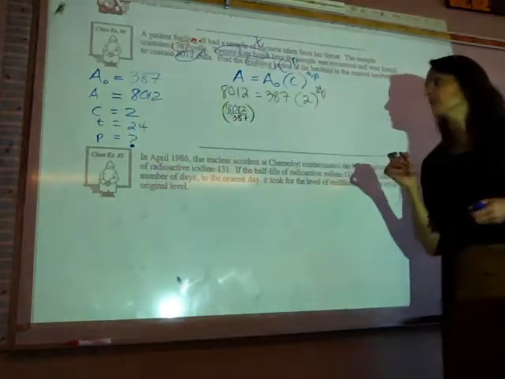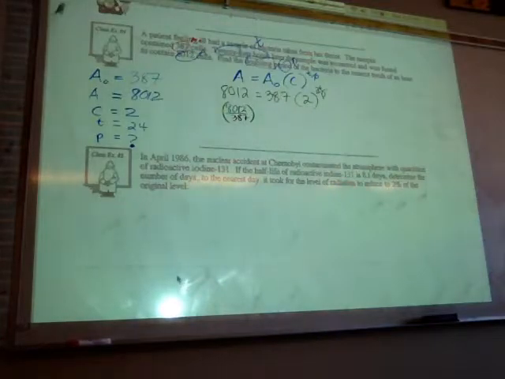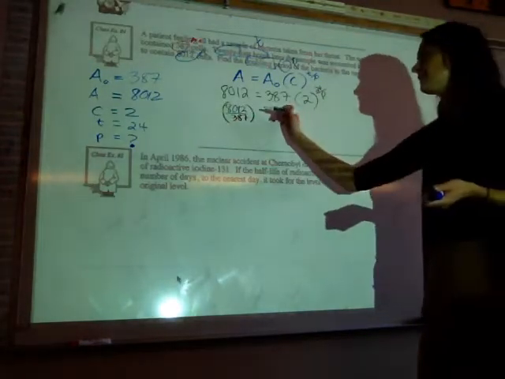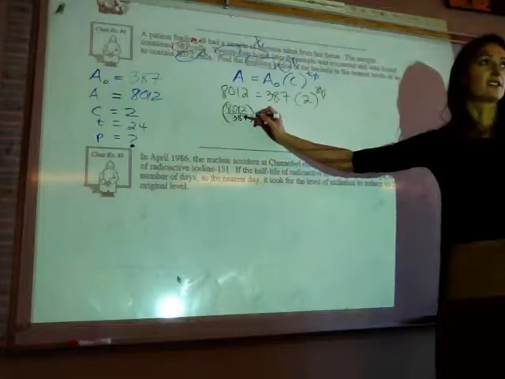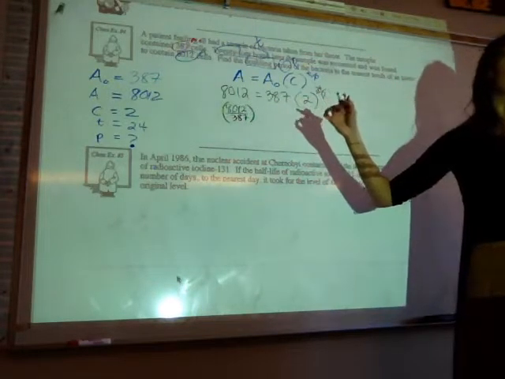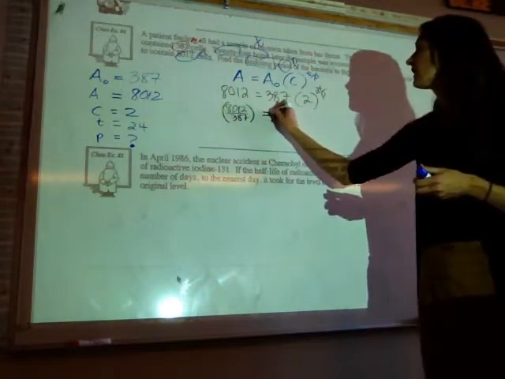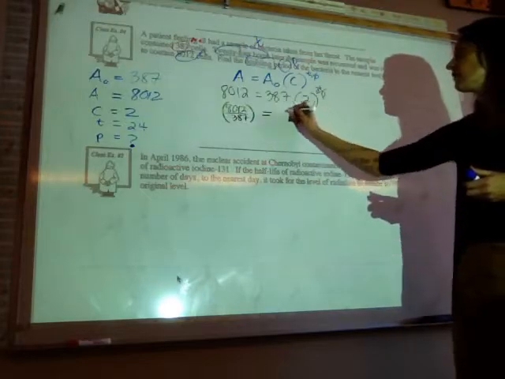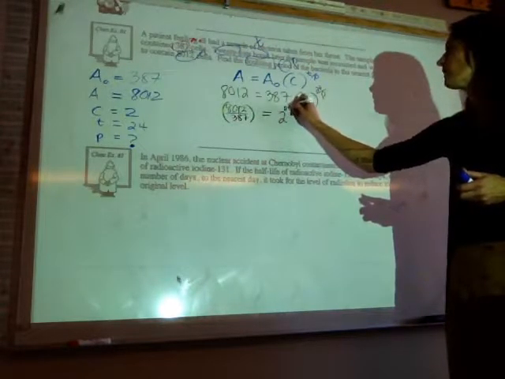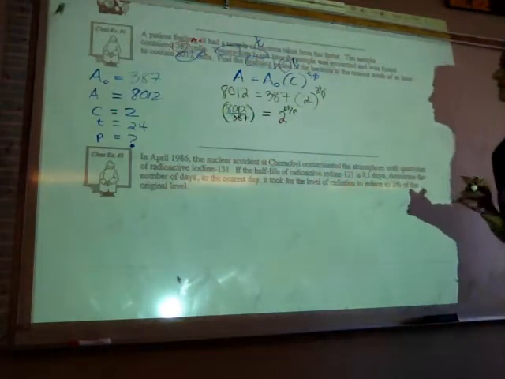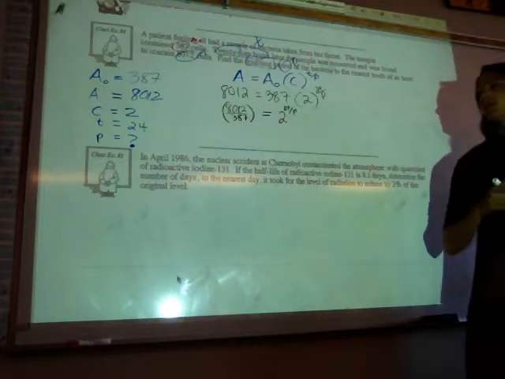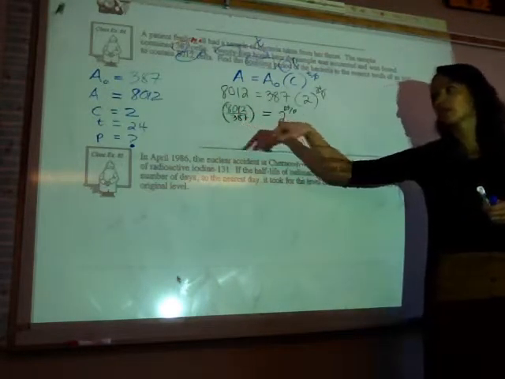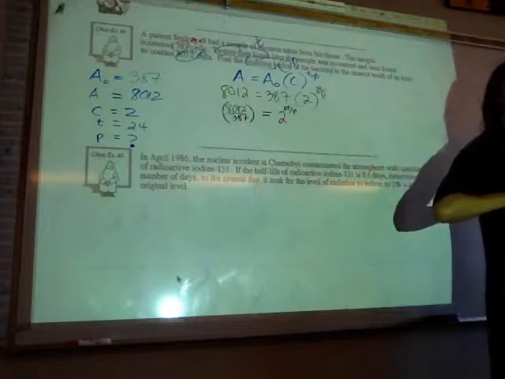And hopefully you guys know this, but I'm just going to state it really clearly. Never round your answers for your calculations until the very end. So, in fact, I would just leave this as a fraction until you finally calculate it at the end. So 8,012 divided by 387 will equal 2 to the power of 24 over P. Do you think there's any way we can get 8,012 divided by 387 to be a base 2?